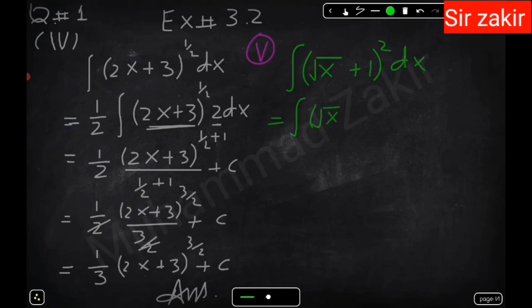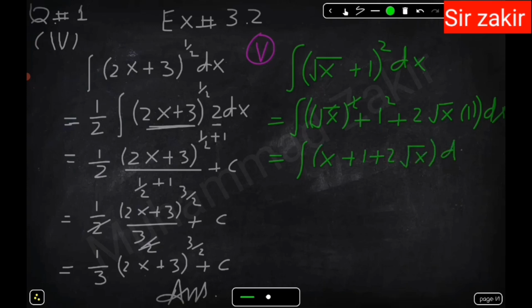Now here again we expand the whole square as a square plus b square plus 2ab dx. Then this becomes x plus 1 plus 2 square root x integration. Now we write the integration sign separately with all of them: integration x dx, integration 1 dx, 2 outside, integration square root x dx.